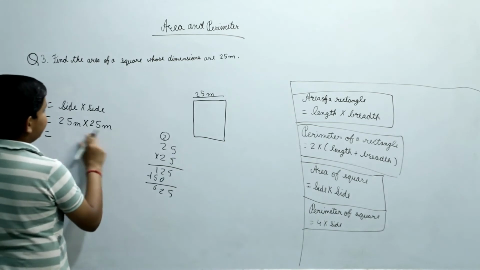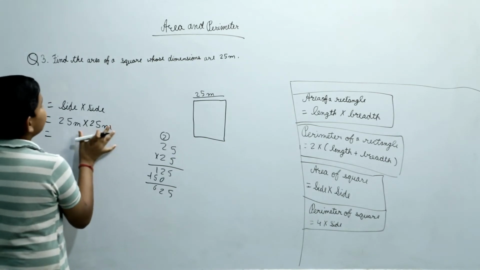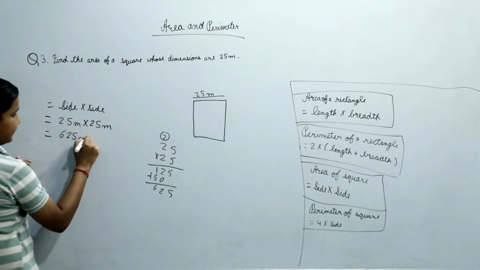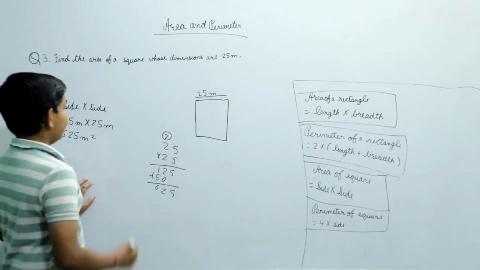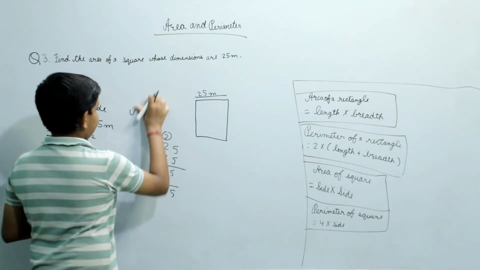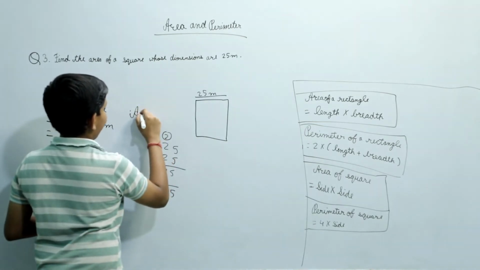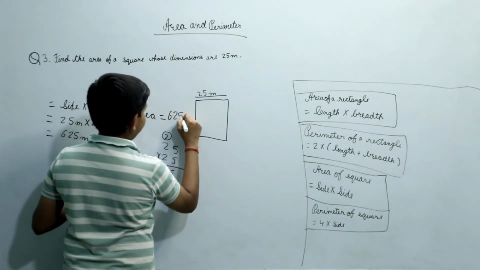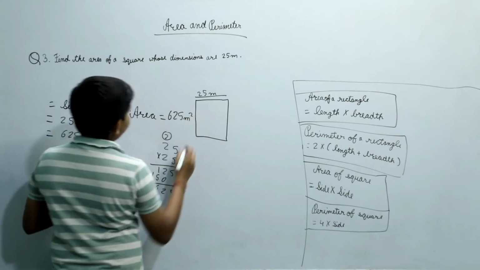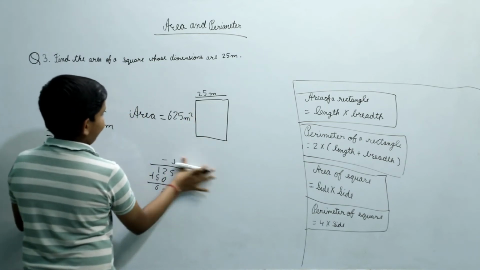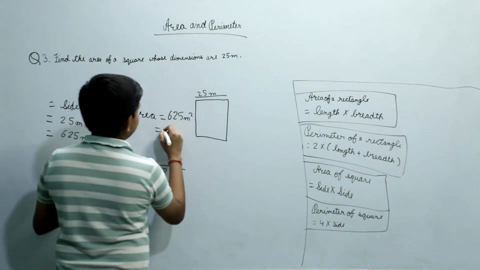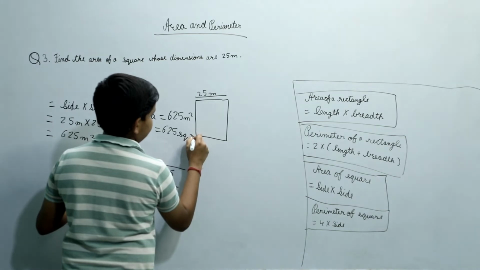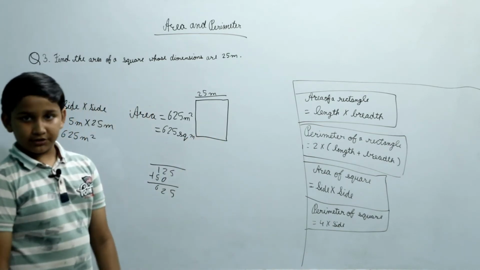And because there are 2 meters in multiplication, we will write it as 625 meters square. So our area is equal to 625 meters square. We can also write it as 625 square meters.